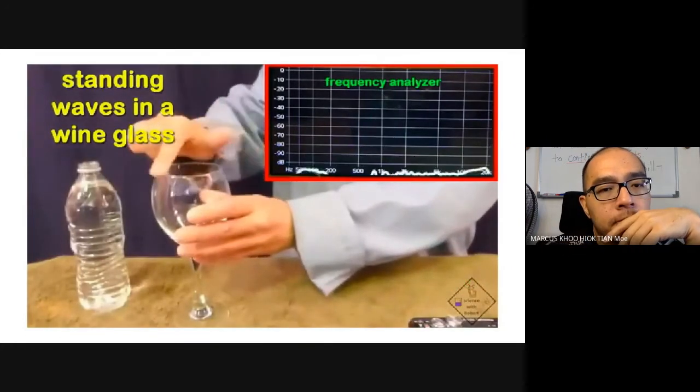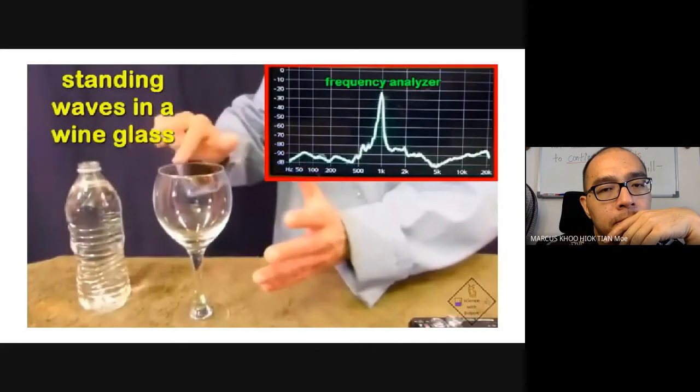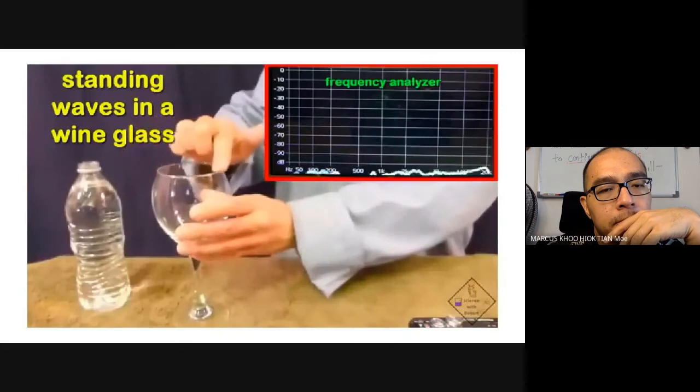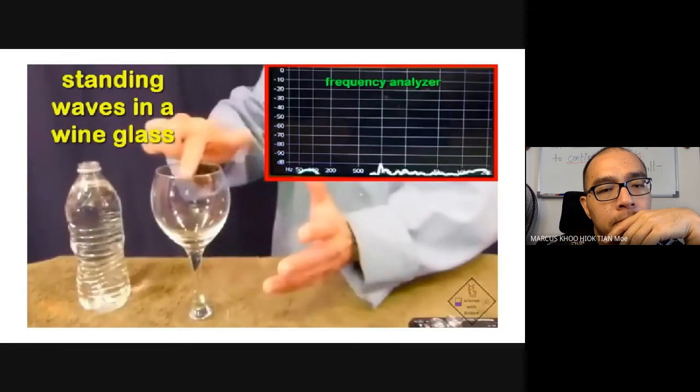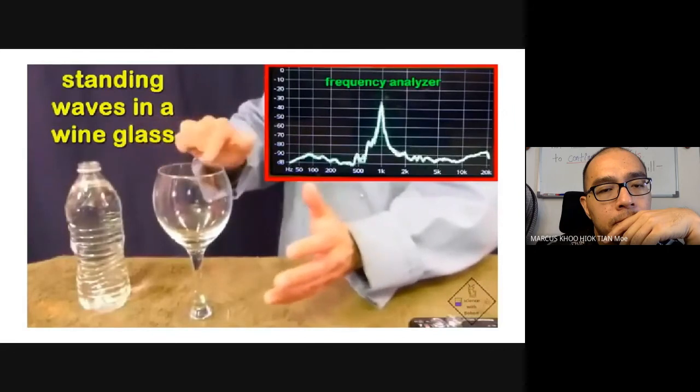Remember, standing waves are actual physical oscillations in the object, so Dr. Smith can only hold the glass at a node. If he holds the glass somewhere else, the standing wave will dissipate its energy into his hand, stopping the generated sound.